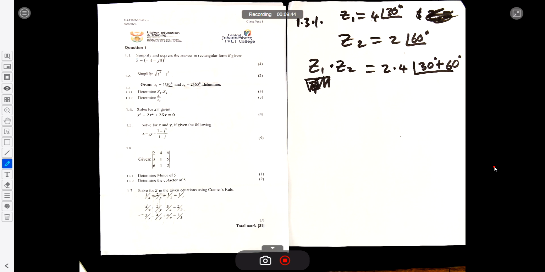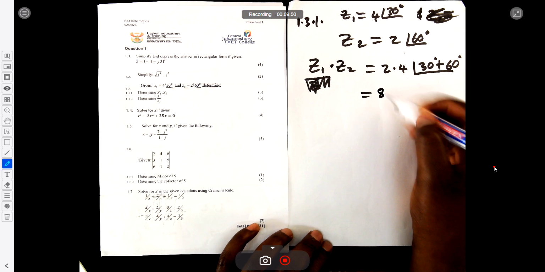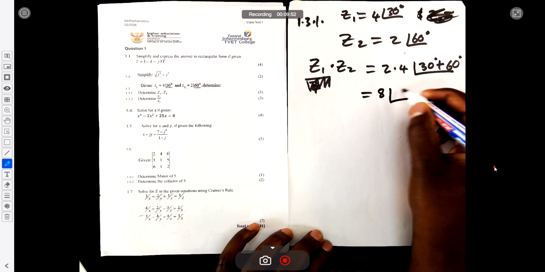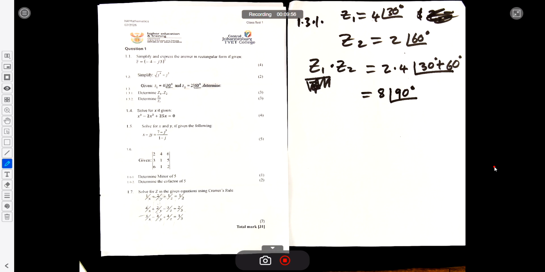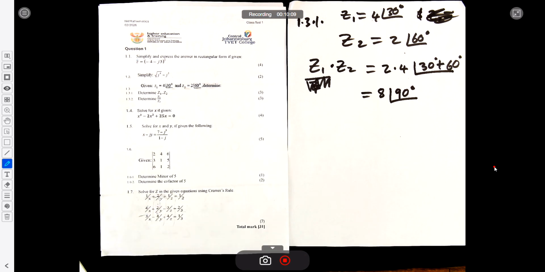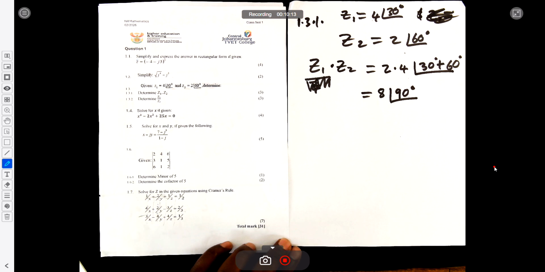So 2 times 4 is 8, augment 90 degrees. This one didn't specify that we need to leave our answer in rectangular form. But if you were supposed to, you would say r into cosine 90 plus j sine 90. So read the instructions; they didn't specify, so we can leave it in that form.